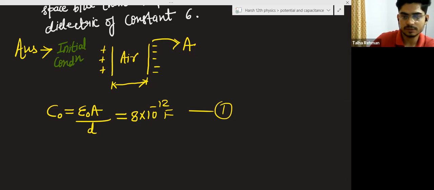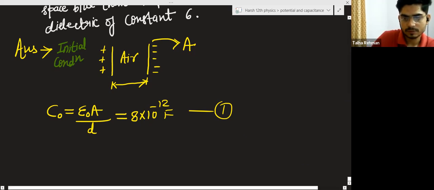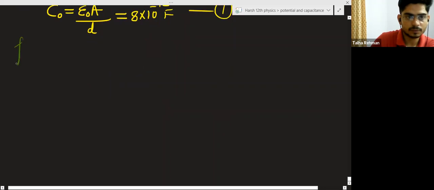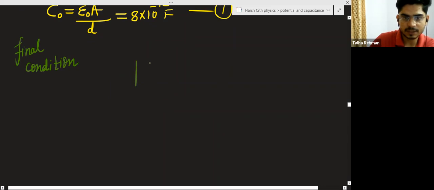We will see the final condition. We have the capacitor. Now we have reduced the distance to d by 2. This is the positive plate, this is the negative plate, you know that.